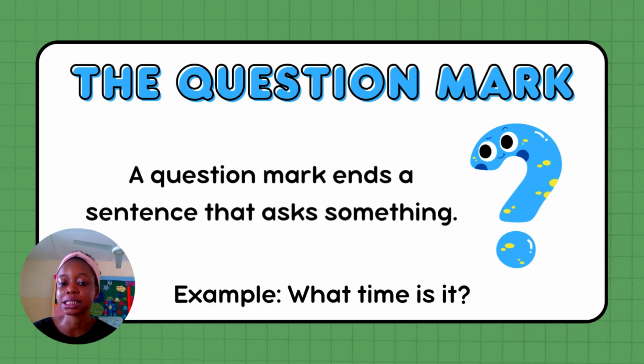What time is it? You can see the question mark there at the end. This is telling us that this is a question. So whenever you are writing anything and it has to do with a question, you must indicate your question mark. This is to tell the readers or whoever comes across what you are writing that this is a question. So once again, we use our question mark at the end of a sentence that asks a question.